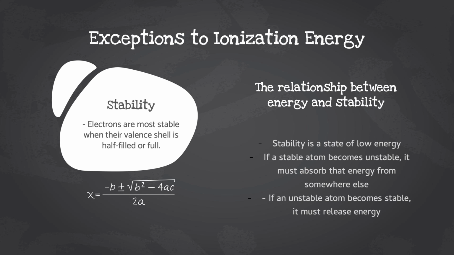In the same understanding, when an atom is stable, it has a lower energy than an unstable atom. If a stable atom becomes unstable, it must absorb the energy from somewhere else. If an unstable atom becomes stable, it must release energy. So we know that nitrogen precedes oxygen on the periodic table.